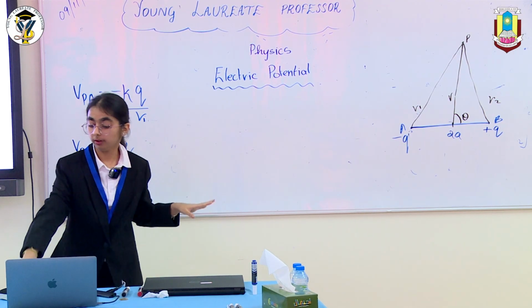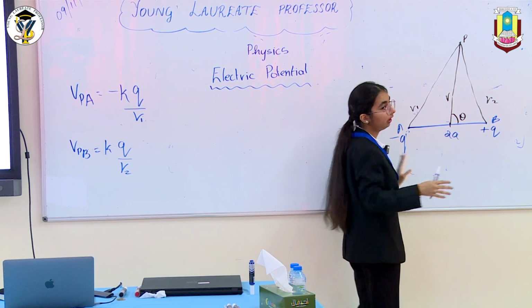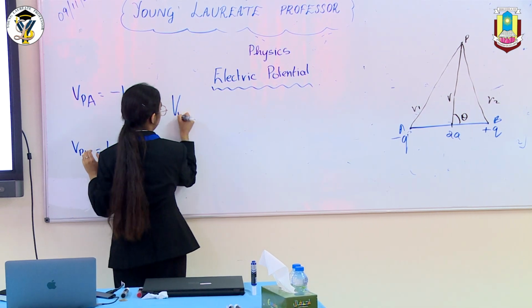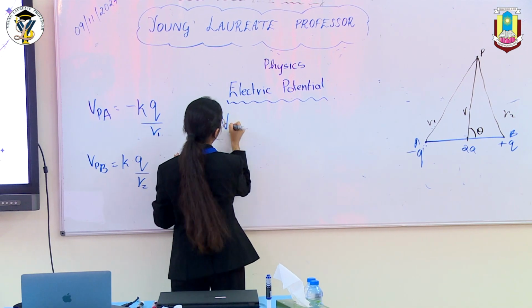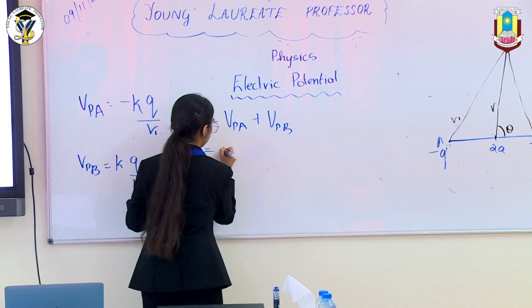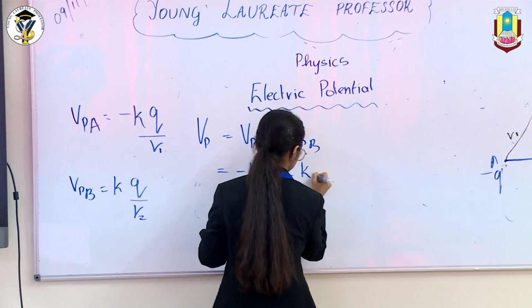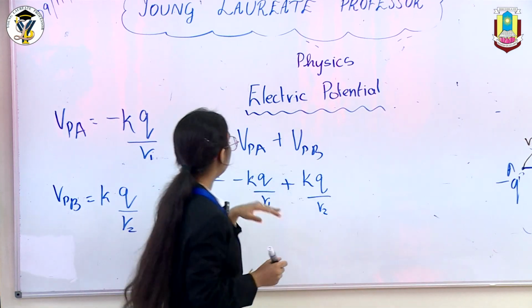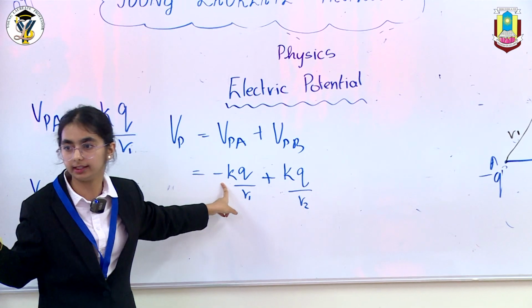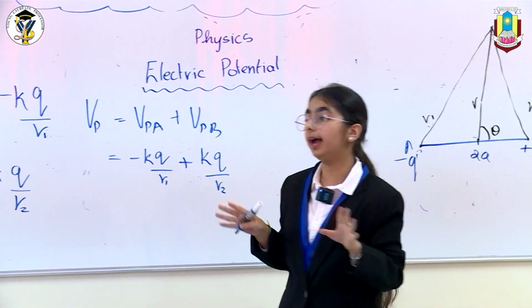Now, to get the total electric potential at point P, we need to add them. Why? According to the superposition principle. So the total electric potential at P is VPA plus VPB, which equals minus KQ by R1 plus KQ by R2. Now, we can take K common because it's Coulomb's constant and constants do not vary. And we can take Q common, because a dipole is two equal and opposite charges.